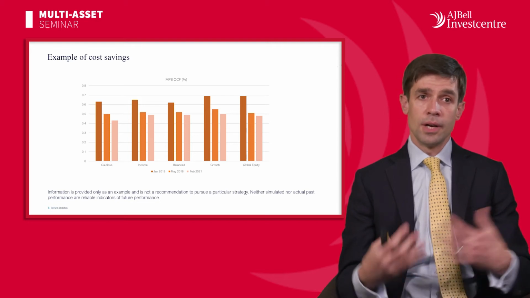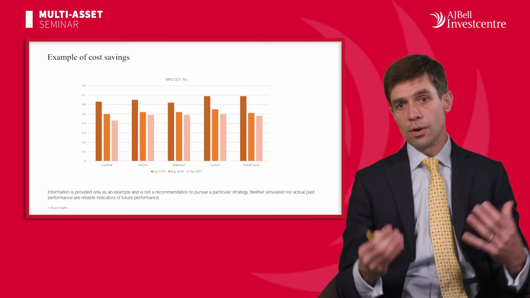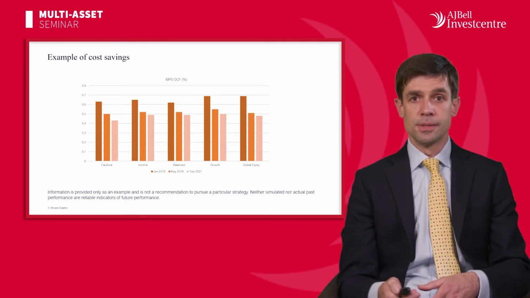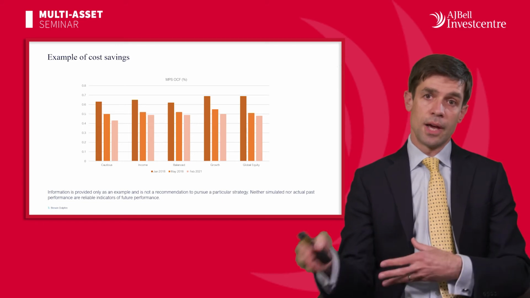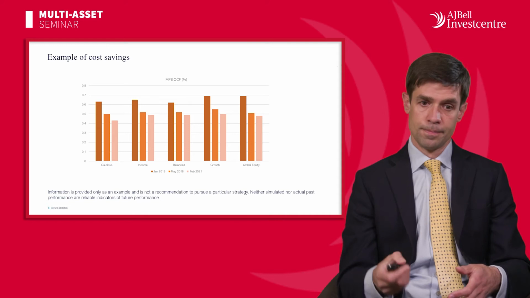And then finally roll forwards 3 years and you can see that the costs have come down to or below 50 basis points. So those economies of scale working in for the benefit of clients.